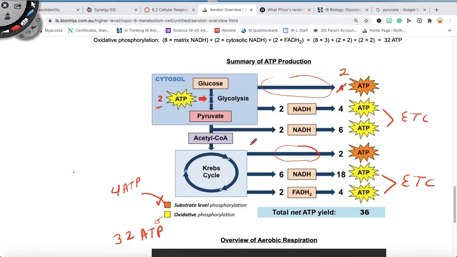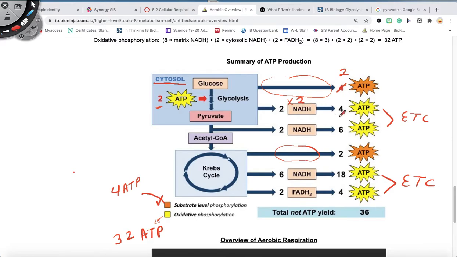So let's look at the math of these electron transports, or these taxis, or hydrogen carriers, as we can call them as well. If you are a carrier that is made in the cytoplasm, or the cytosol of the cell, then you only have the capability to release 2 ATP molecules per hydrogen carrier.